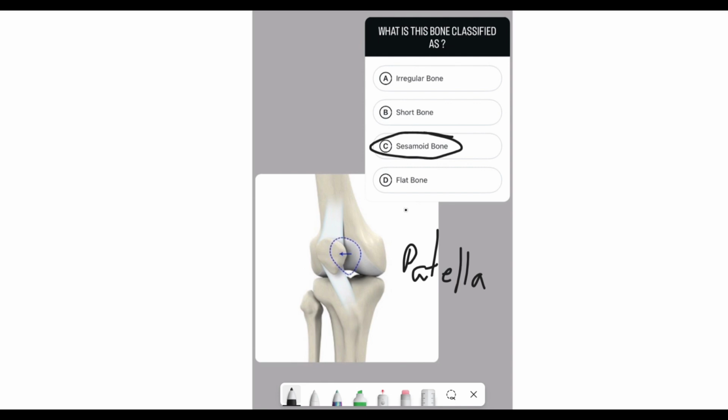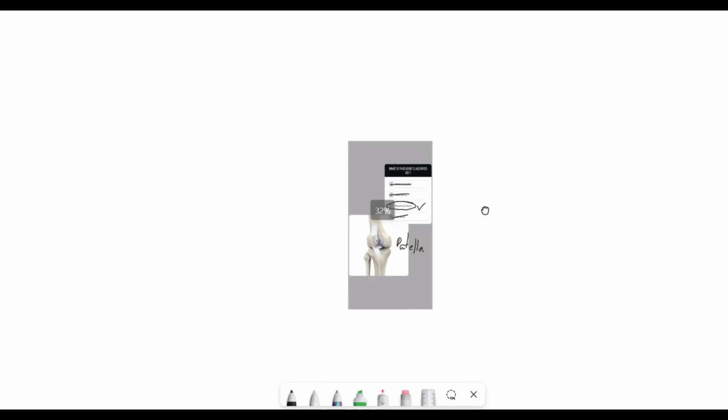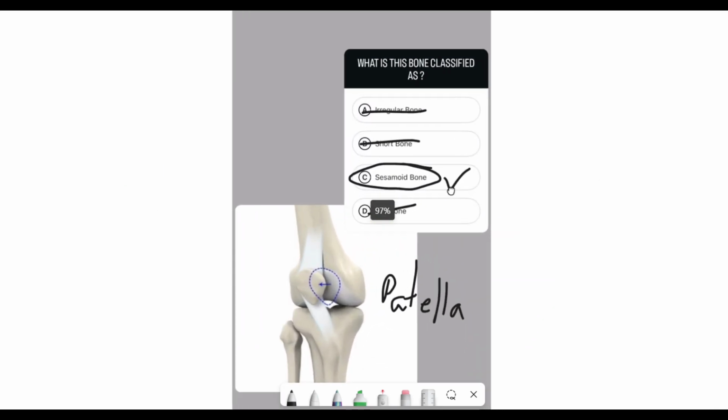Short bone, I could kind of understand if you think that, but remember, the key feature of sesamoid bones is that it's located within a tendon to protect a tendon. So it's going to be your sesamoid bone here. Short bone, no. Irregular bone, no. Flat bone, no. So I believe that is the last one. Yeah, it should be.